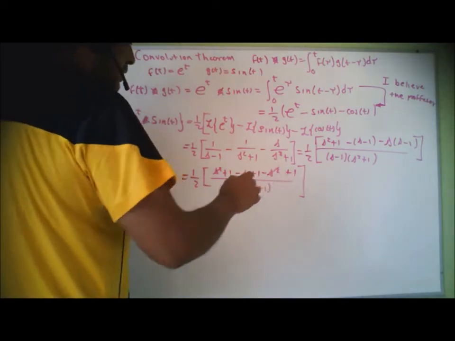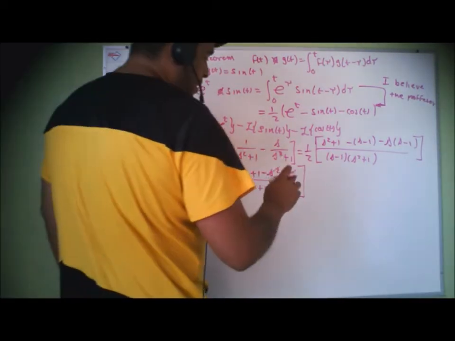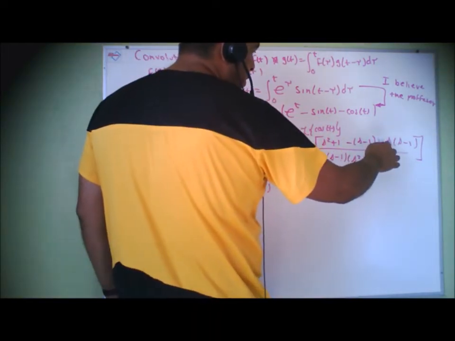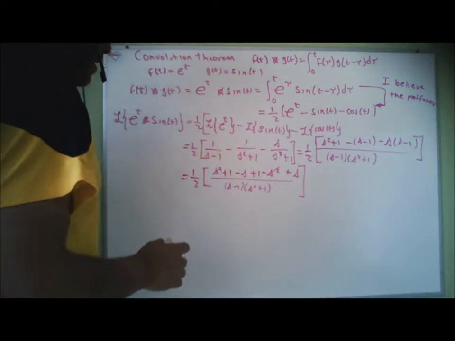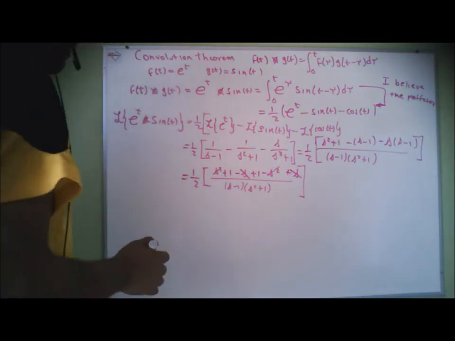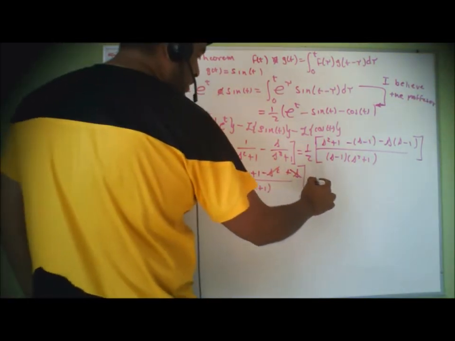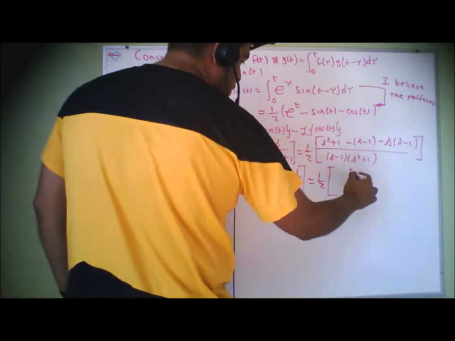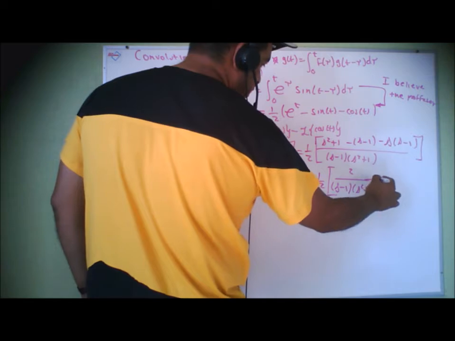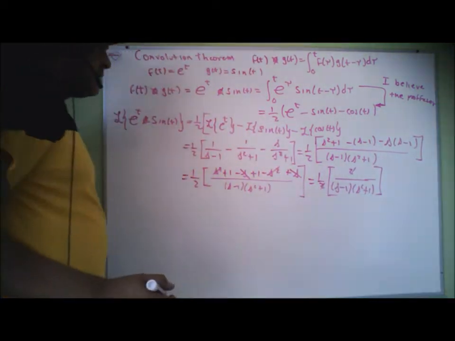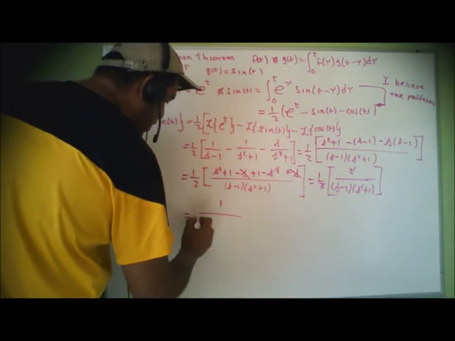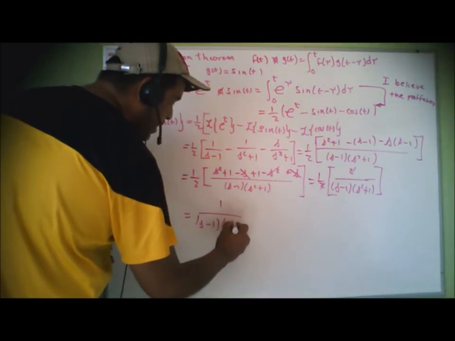Sorry, my mistake here, it is plus s. The s also cancels. So what is left? 1 plus 1 is equal to 2, so it's 1/2 times 2 divided by s minus 1 and s squared plus 1. So the 2 cancels, and the only thing left is 1 over s minus 1 times s squared plus 1.